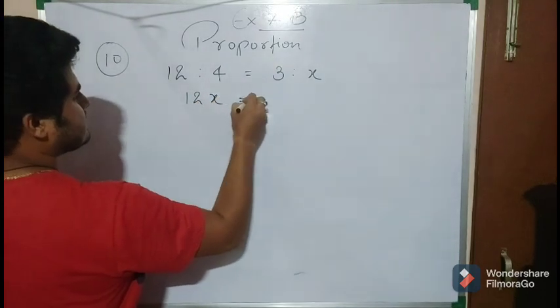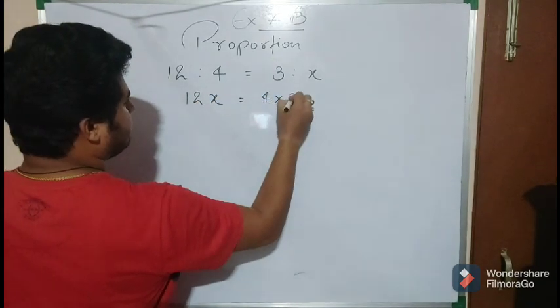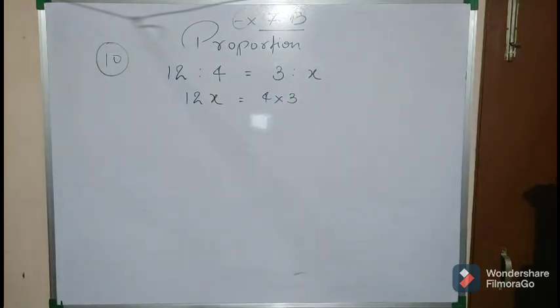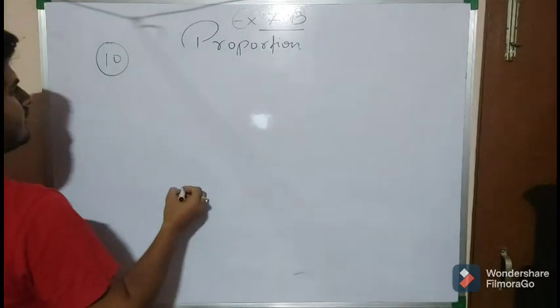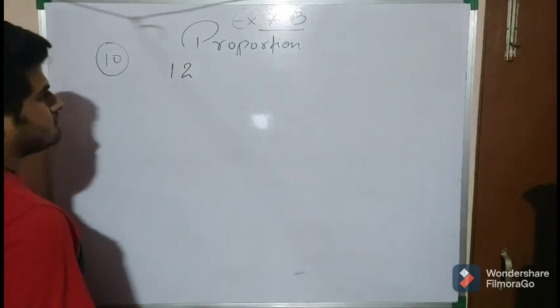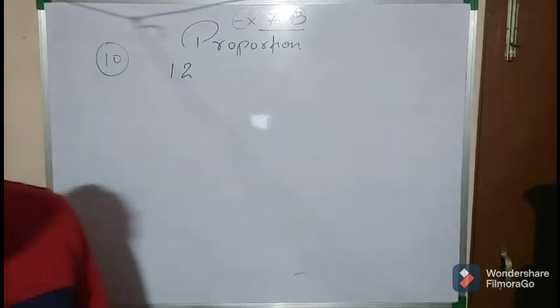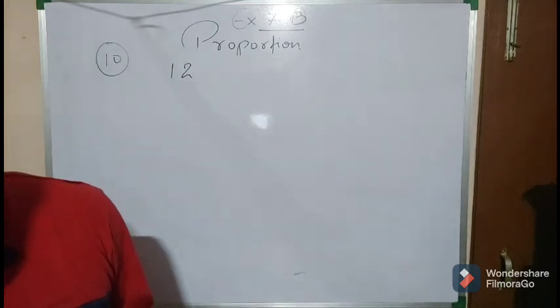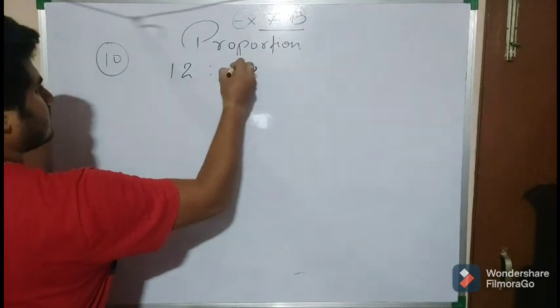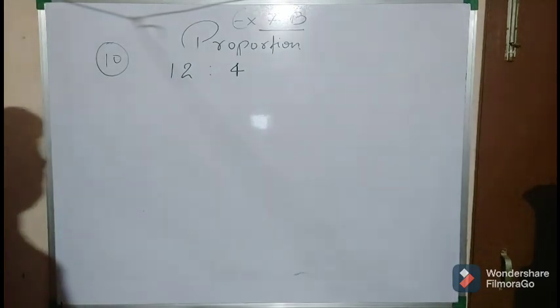So 12 into x is equal to 4 into 3. Now see, in the first case the number of people is 12. And in the second case the number of people reduced to 4.